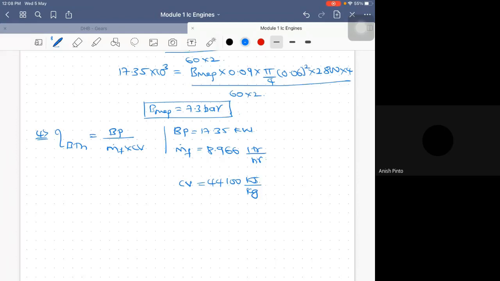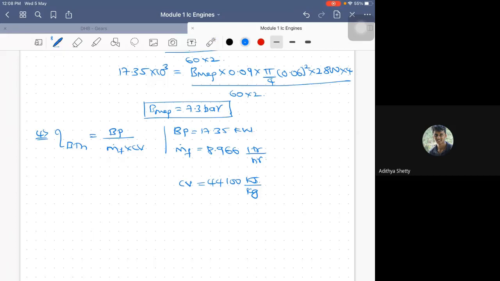Okay. I told you, all of you carefully observe this. I told you the numerator and the denominator while calculating the efficiency should be of the same units. So BP is of which unit? Kilojoules per second. Kilowatt is nothing but kilojoules per second. So even MF dot into CV should be in kilowatt or kilojoules per second.